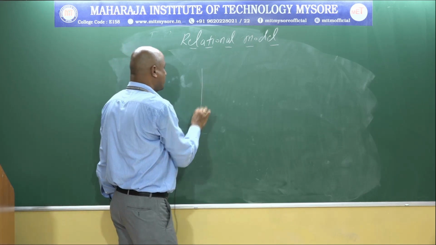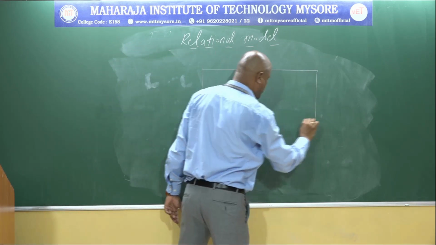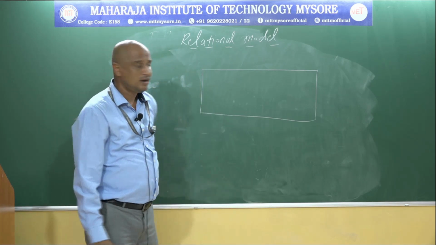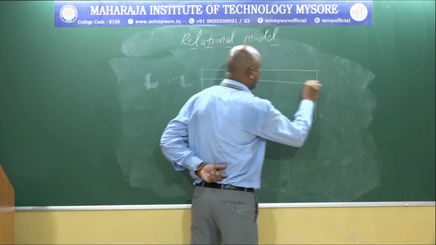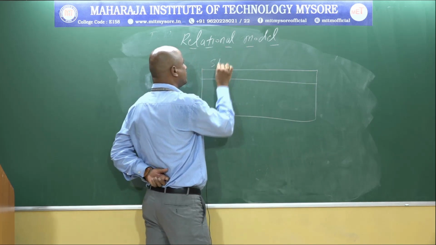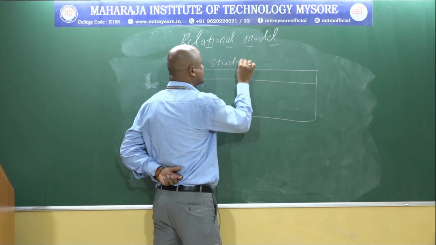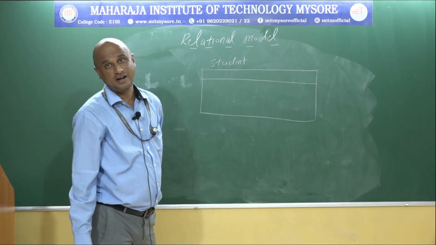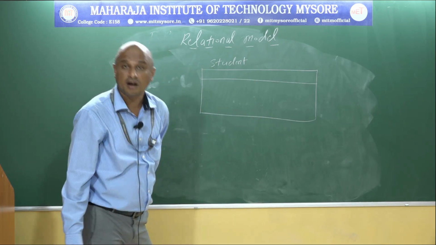Okay, I'll give an example of how to represent this. So this is the table. Consider student. Student is a schema, or a table name, or a relation name.